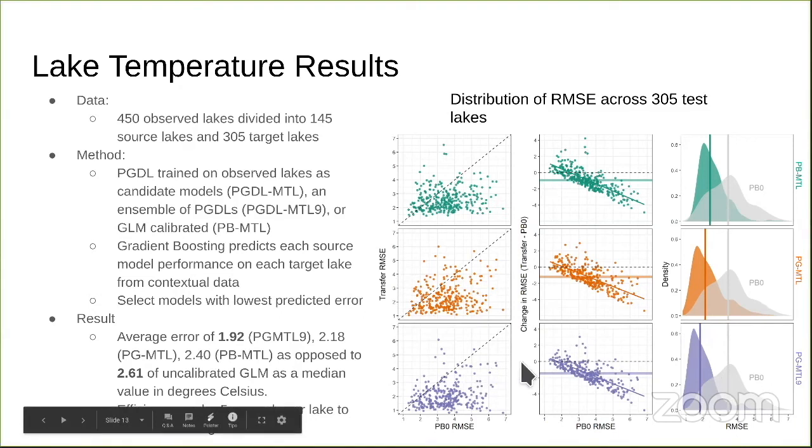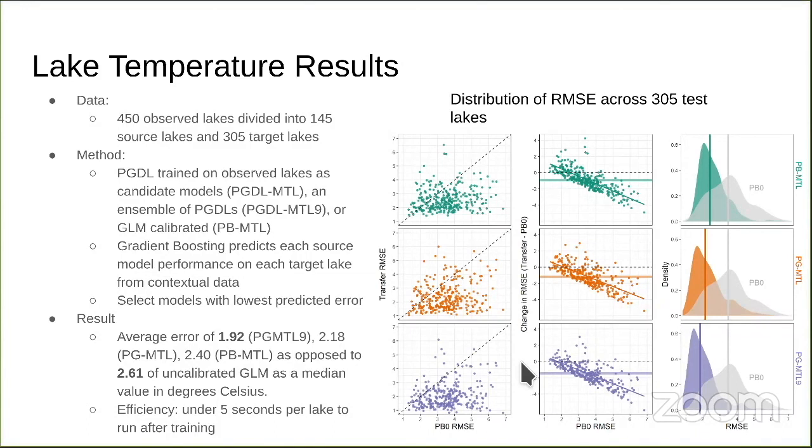And then the bottom row here is going to be a slightly expanded version of that, which instead of transferring just one source model, transfers an ensemble of source models, which then combine all their predictions into an average prediction, which, if you're familiar with ensemble modeling, can improve prediction if you have diversity among different sources.